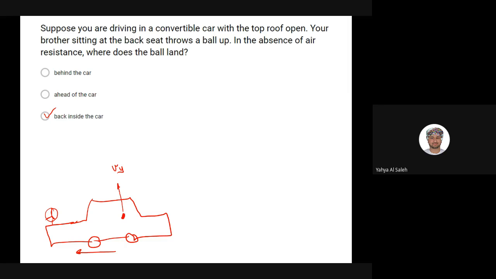But since the car is already moving in the X direction, that means the ball also implicitly has the same velocity, since the ball is already inside the car and your brother is also inside the car.